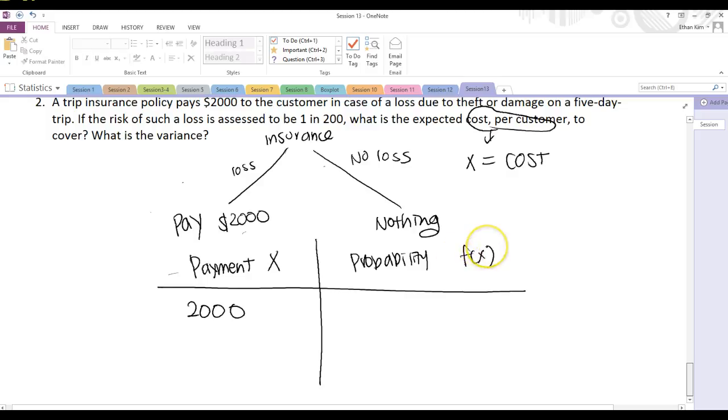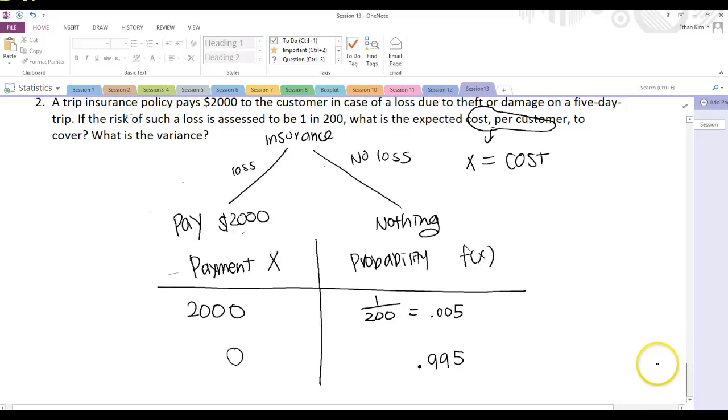It says the risk of such loss is assessed to be 1 in 200. Okay, so 1 in 200 is 1 over 200. So it happens once in 200 cases. So this is going to be 0.005, right? In any other case, so that will be 0.995, there is no payment, 0. Right? So this is the probability distribution function for this case.